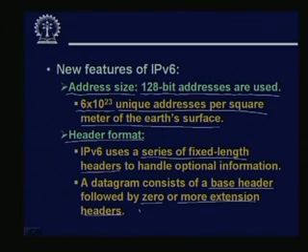Now, extension headers are something which may or may not be present in a packet. Suppose a packet needs to be fragmented, then you need a fragmentation extension header. If you want some kind of encryption facility in a packet so as to provide message security or secrecy, then you can have a security extension header.